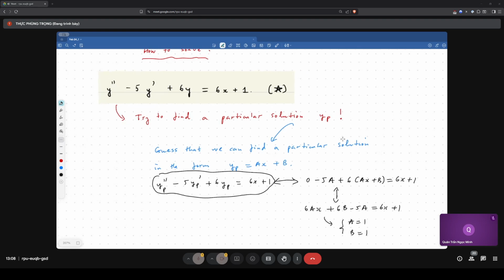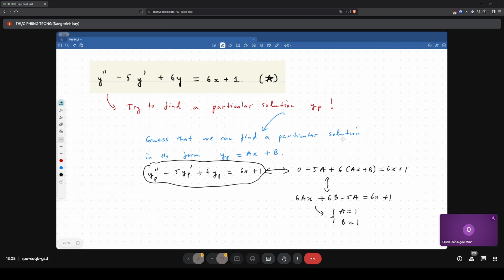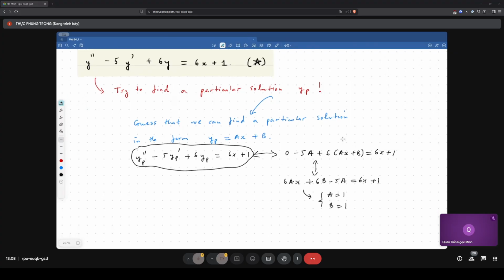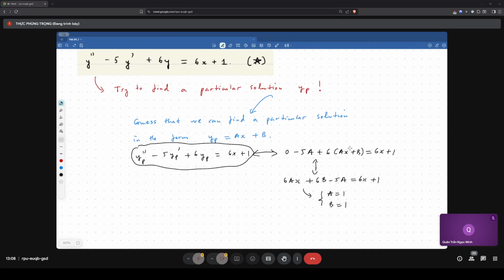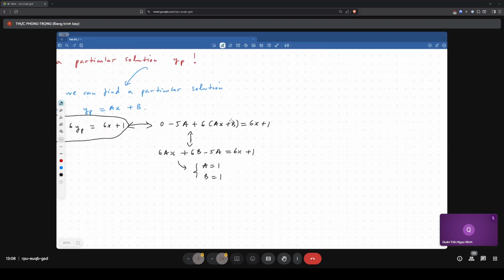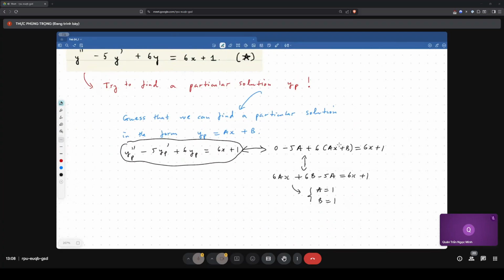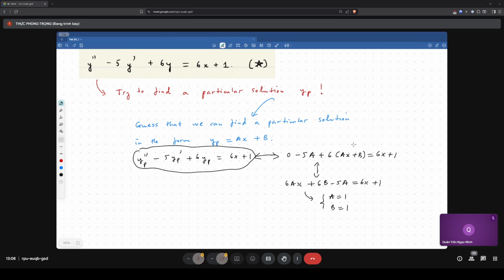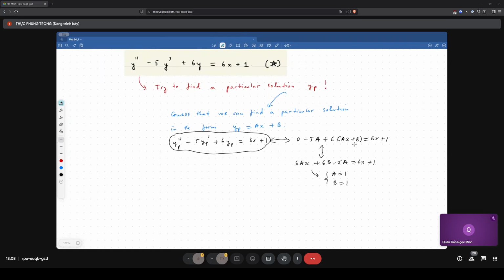So you can see you get a particular solution, right? So from here, you get right away a particular solution. So yp is s plus 1, a particular solution.